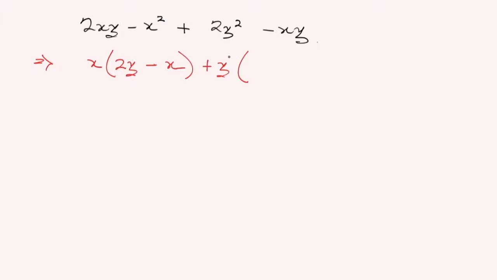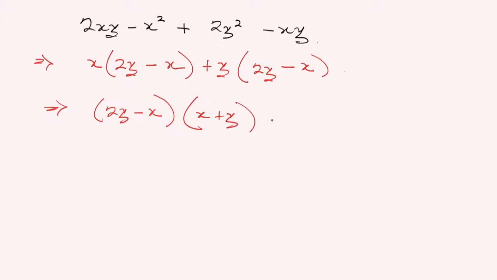So 2y squared divided by y is equal to 2y, and minus xy divided by y is equal to minus x. So we know that 2y minus x is a common factor, and we can simply write down the remaining expression, which is x plus y. And that is the final answer.